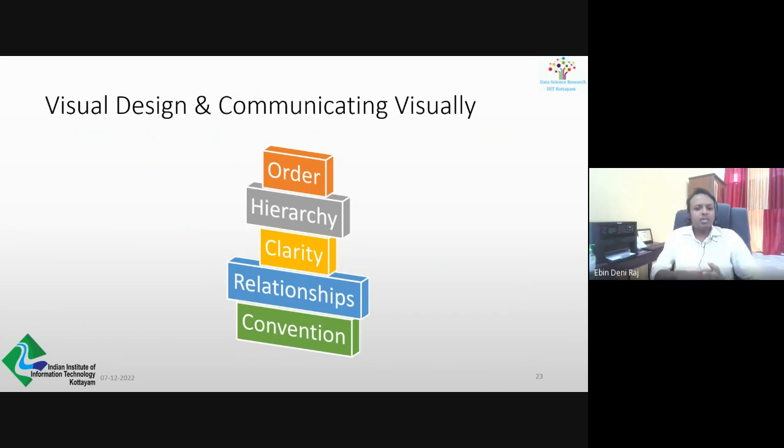Communicating visually, and especially in the language of data, I usually tell it is more like cooking, right? Anyone can eat a meal and form an opinion about it without having to take a course in food science, right? We can eat a meal and know whether or not we liked it.